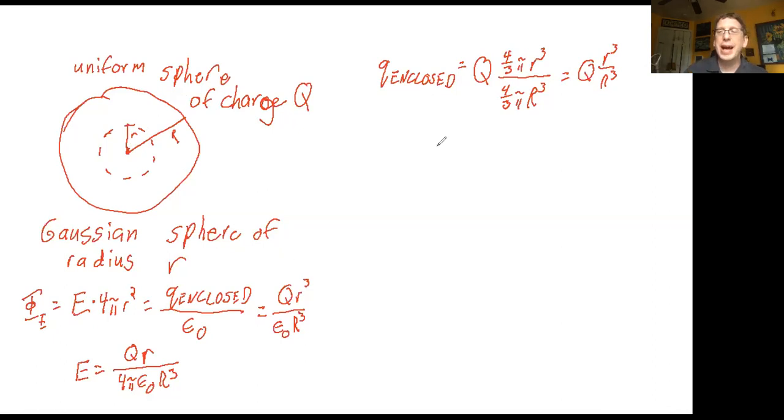Now, what if you're looking outside the sphere? So what if small r is greater than capital R? So what if you're looking at a point outside the sphere? Well, this is actually an easier case to evaluate.